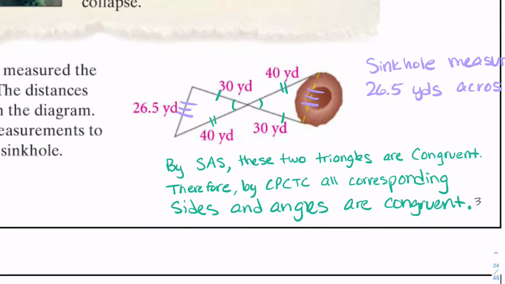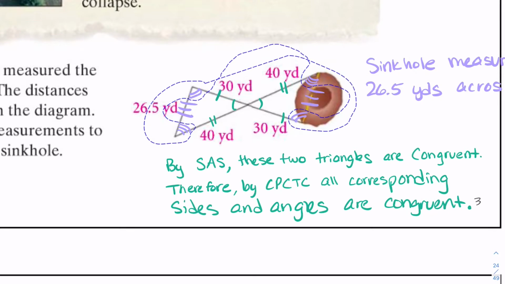Alrighty. And what that means is we also have this angle here that's congruent to this angle here, and we have this angle here between the 40 and the 3 tick marks. So maybe just change that color. Let's do that one, and these.